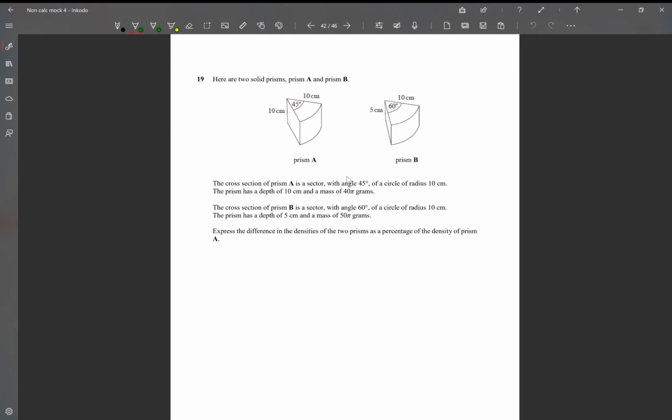This is actually from a non-calculator paper. They want everything in terms of pi, so you don't have to actually work that out. So the best way to do this is to really structure it out.